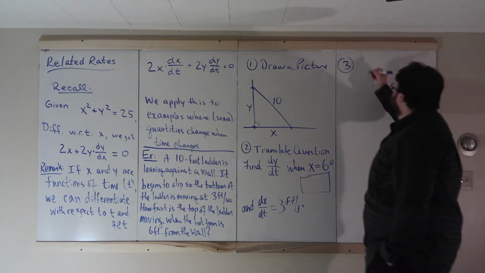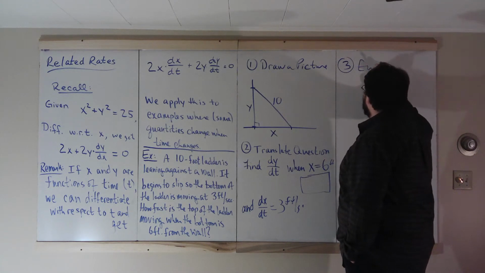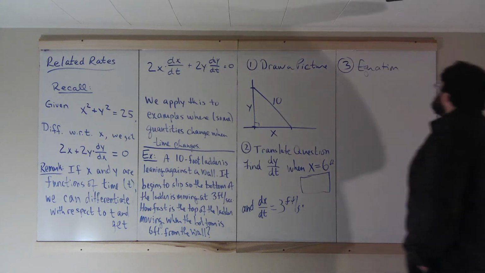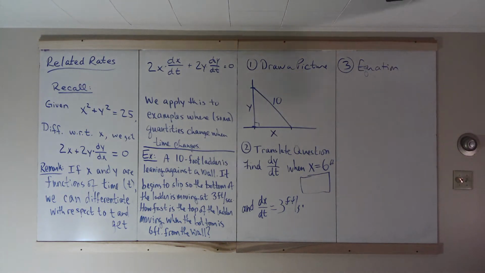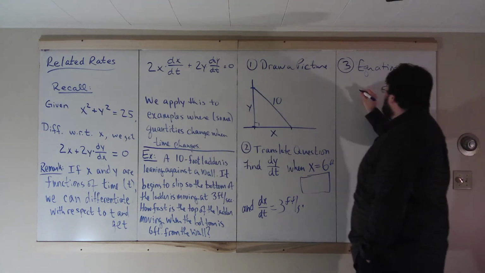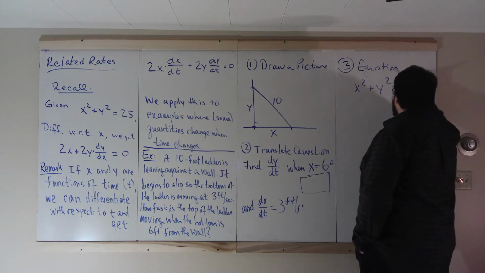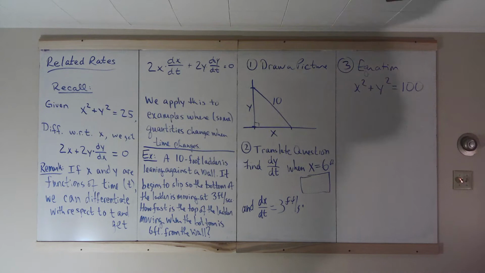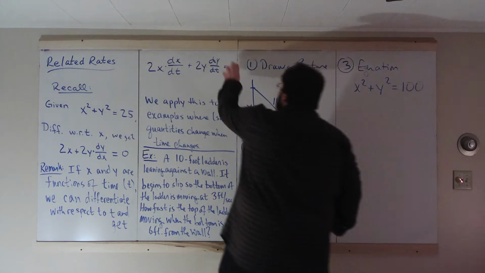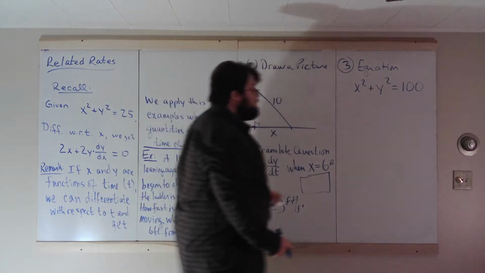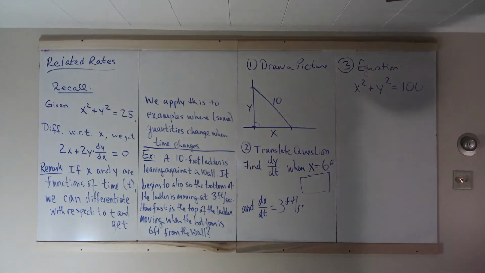Step 3. Find an equation. Well, here we have a right triangle. And of course that satisfies the Pythagorean theorem. So we have an equation relating x and y.